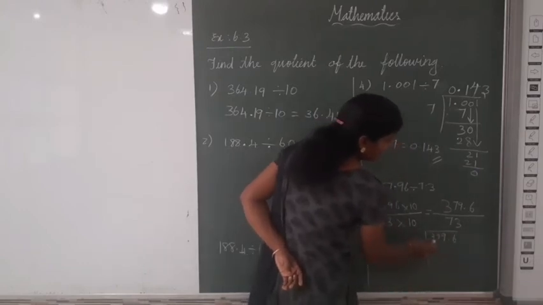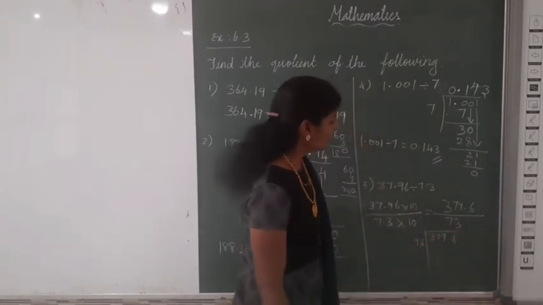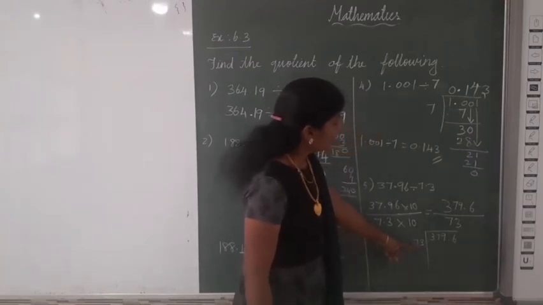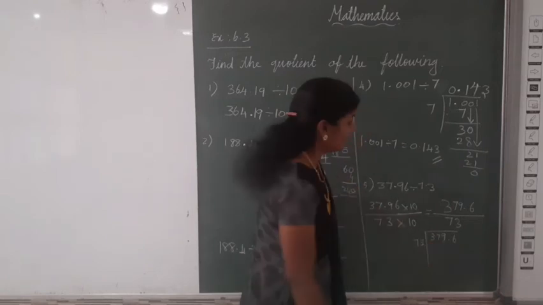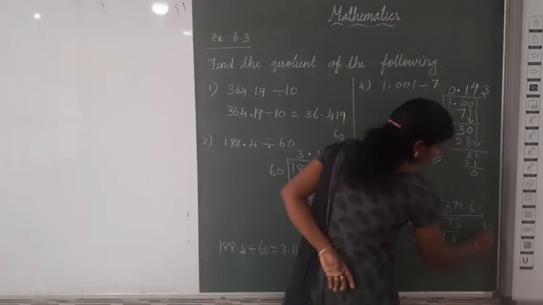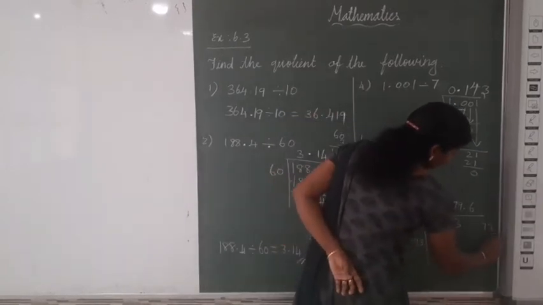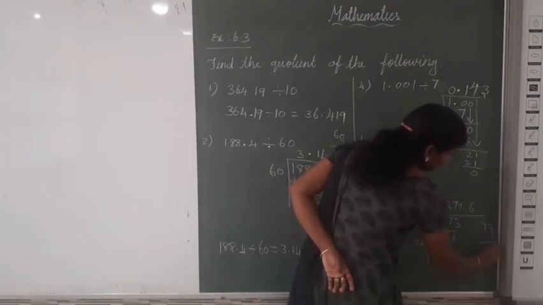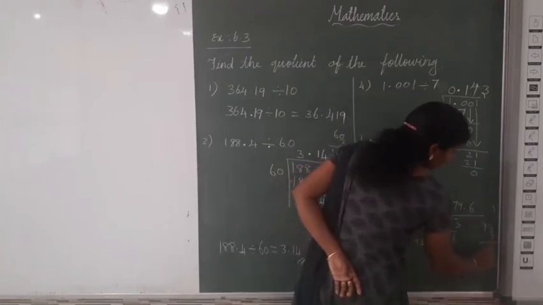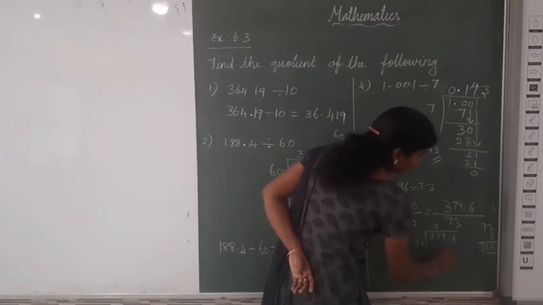Here taking 2 digits is too small, so we take together 379. 73 into 379, how many times? 4 times or 5 times? 5 times, just to check it. 5 3s are 15, 1 balance. 7 5s are 35 plus 1, 36. So 365. So 5 times 365.